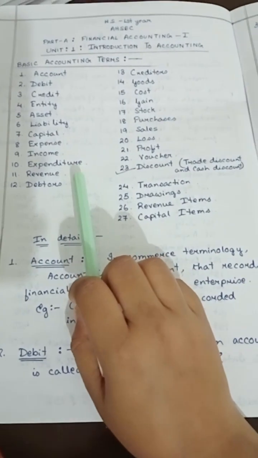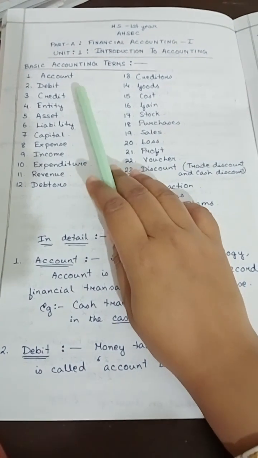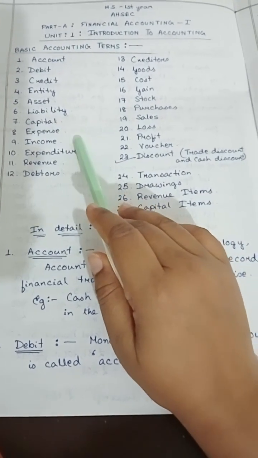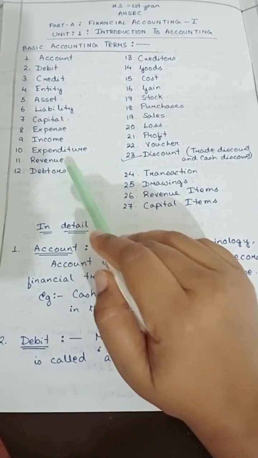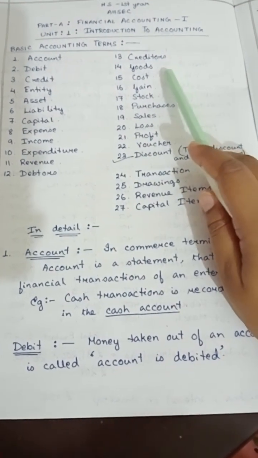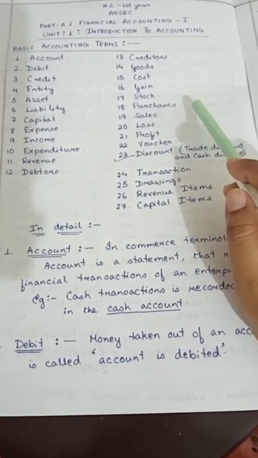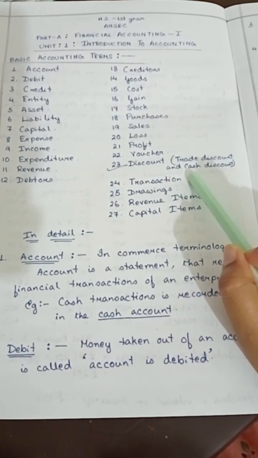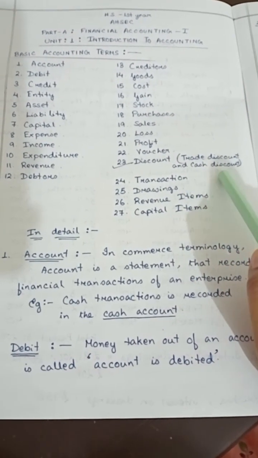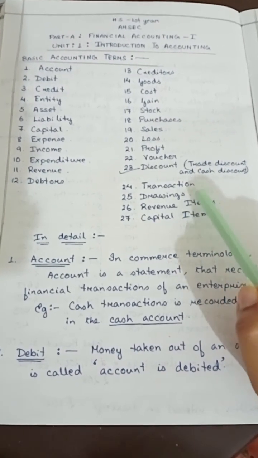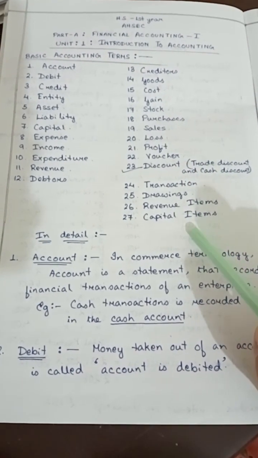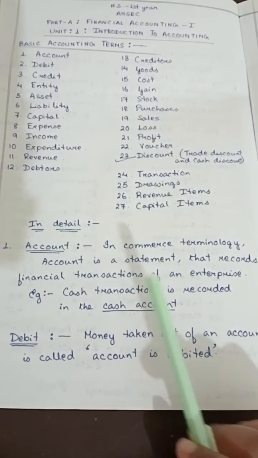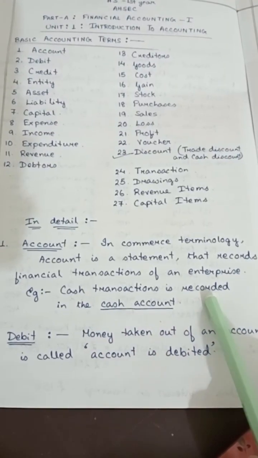These are the basic accounting terms: account, debit, credit, entity, asset, liability, capital, expense, income, expenditure, revenue, debtors, creditors, goods, cost, gain, stock, purchases, sales, loss, profit, voucher, then discount, trade discount and cash discount, then transaction, drawings, revenue items and capital items. See here, I have discussed in detail what an account is.